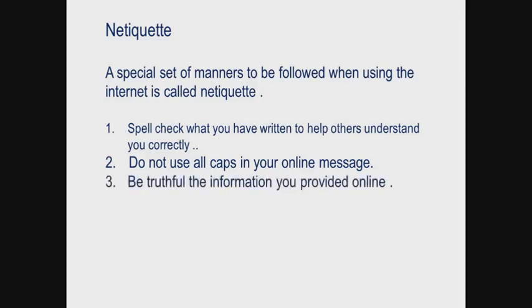Look at the third one. Be truthful about the information you provide online. You may say, just before this you said do not share any personal information with a stranger, but while you are using the internet, maybe you have to give some personal information on some websites, and while you are entering that information, you have to be truthful.